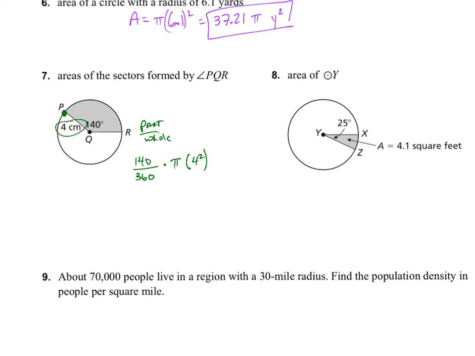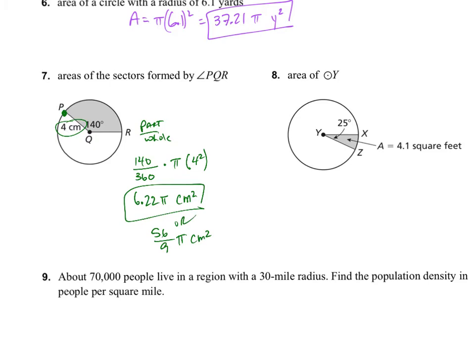And if we multiply all this out, we are going to get 6.22 pi, and this would be square centimeters. If you left this as a fraction, it would be 56 over 9 pi square centimeters.